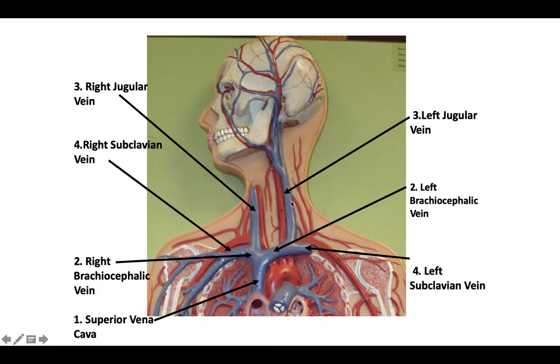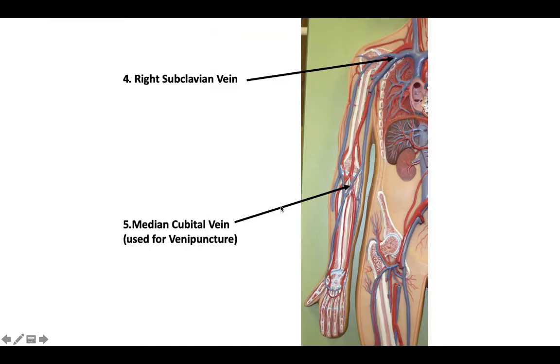So here's the right and the left. If they go down the arm, we call that subclavian. So coming off of the brachiocephalic, the subclavian veins go into the arm. The jugular vein, which is the largest vein you have in your neck, goes up to your brain. It doesn't hook up, but it sits in the same place as the carotid arteries.